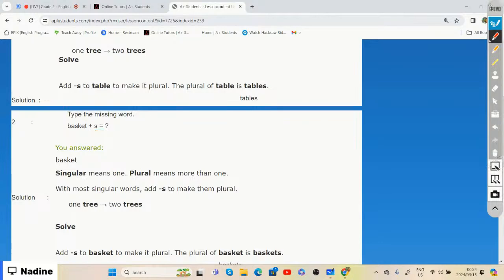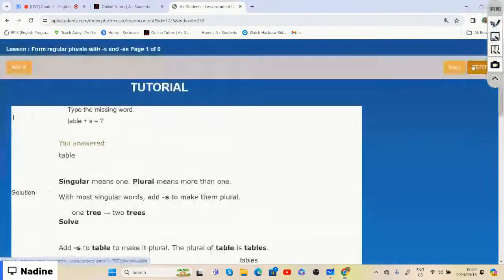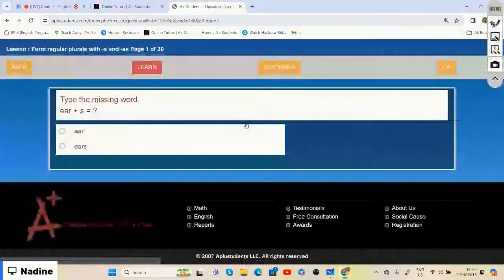All right, now let's go to our test, where we need to form plurals with s basically, because we haven't touched es yet. So we need to type in the missing word, ear plus s. Is it just ear or is it ears?